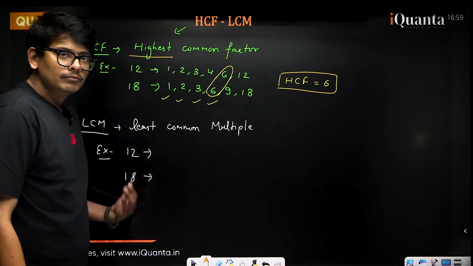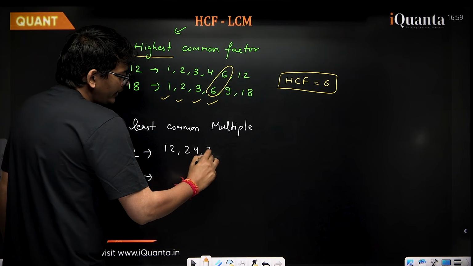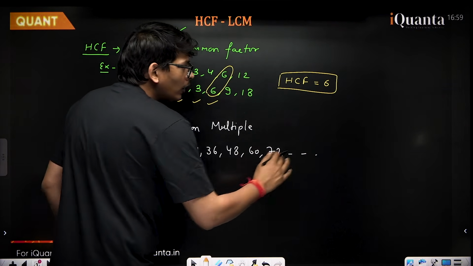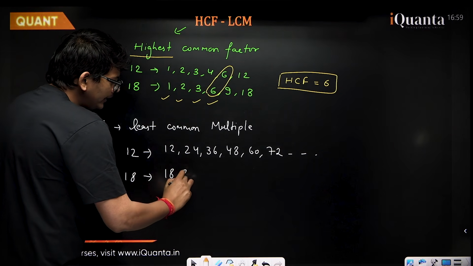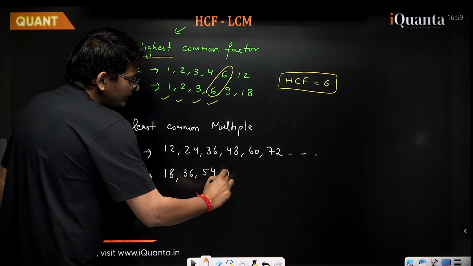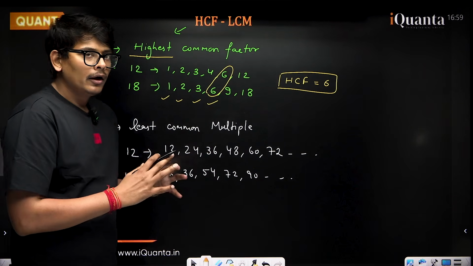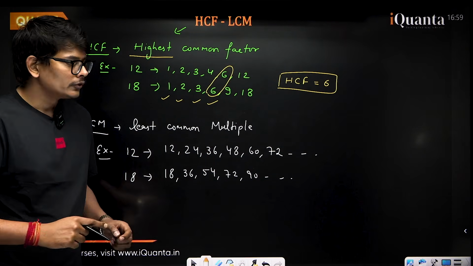If I read the table of 12: 12, 24, 36, 48, 60, 72 and so on, all these are multiples of 12. Similarly, 18, 36, 54, 72, 90, all these are multiples of 18. So there is a huge difference between factors and multiples. Never get confused, okay?